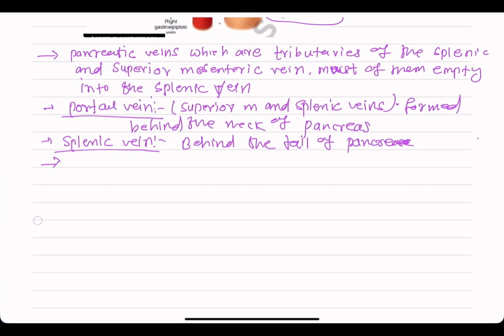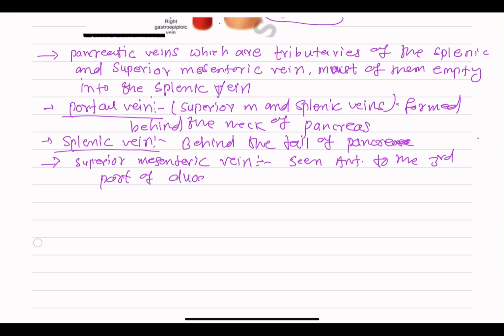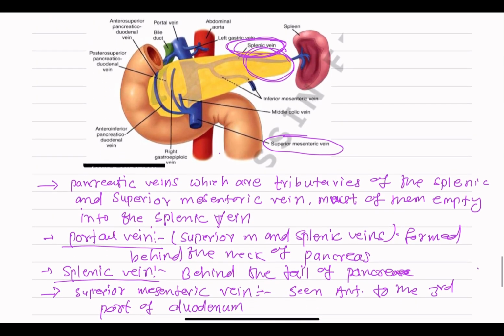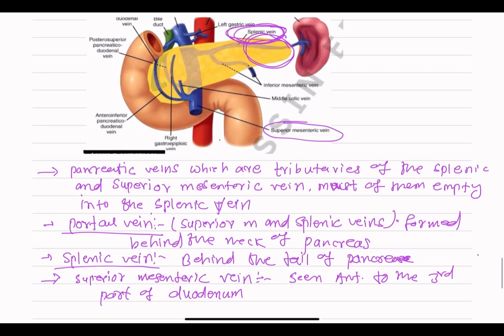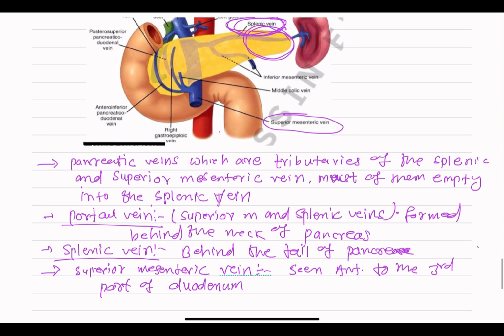And then the superior mesenteric vein is seen anterior to the third part of the duodenum.